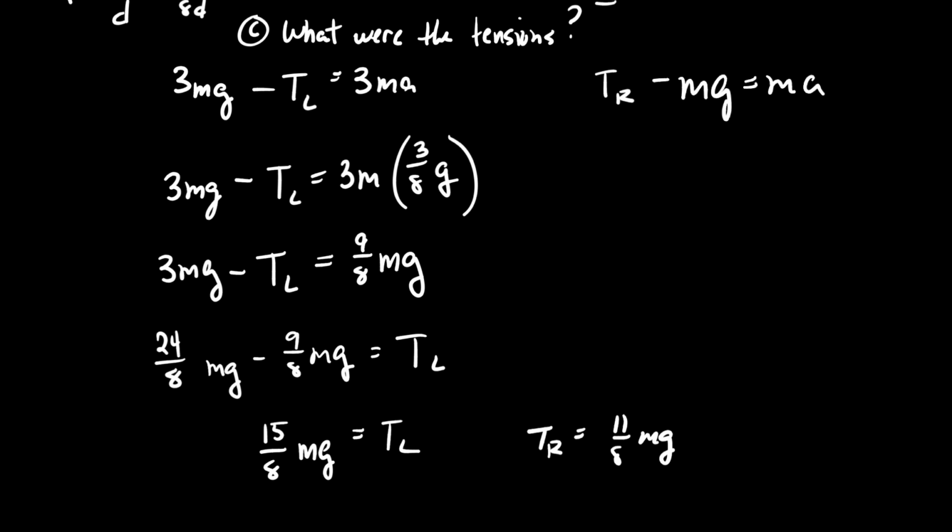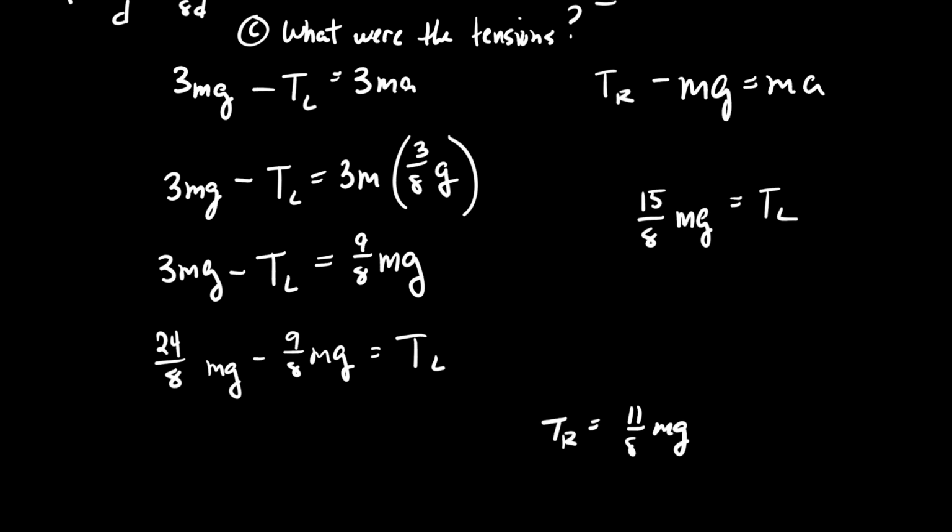Okay. So, a couple things that you could look for. TL had to be greater than TR. Did it work out that way? These are the little things we're trying to look for to make sure our answer is right, but also the things we have to pay attention to. So we know that these two things have to be related, but it's important to know that we knew going in TL was greater than TR, and that's what we figured out here.